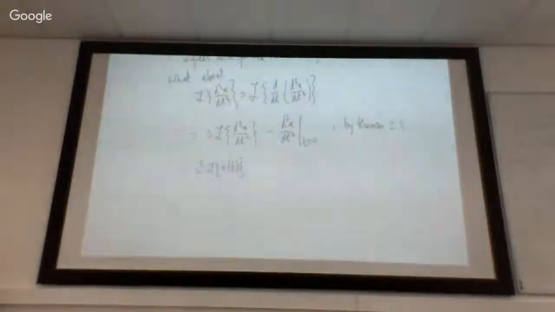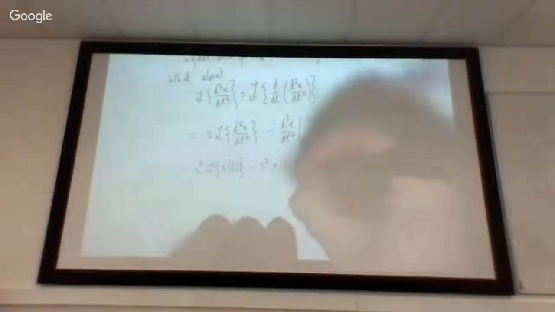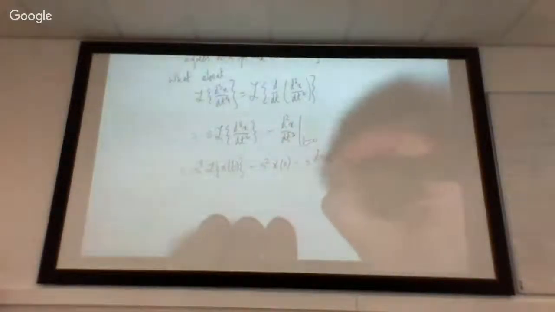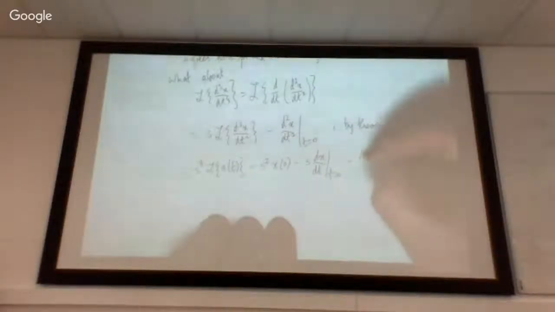So that's s cubed times the Laplace transform of x, minus s squared times the initial value of x, minus s times the initial value of the first derivative, minus the initial value of the second derivative.